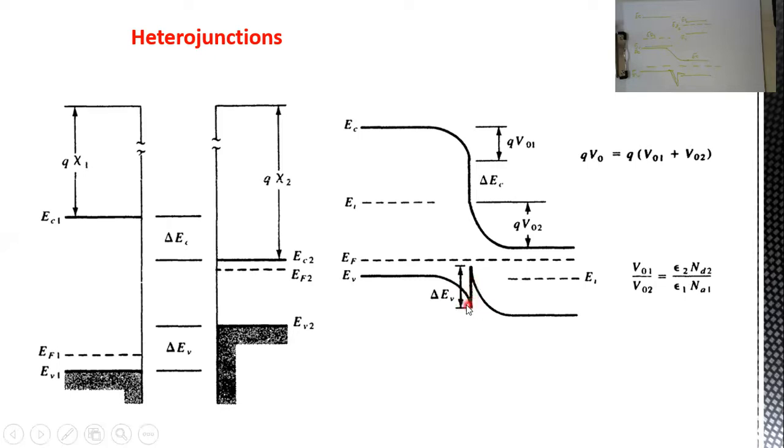This is a very sharp barrier. Accordingly, you have holes here and you have holes there, and this is a depletion region, so this is a capacitance. We call this an accumulation region because here you accumulate a huge amount of holes which are bounded in this well and will not be able to move either to the right or to the left. So you have here a capacitance effect.